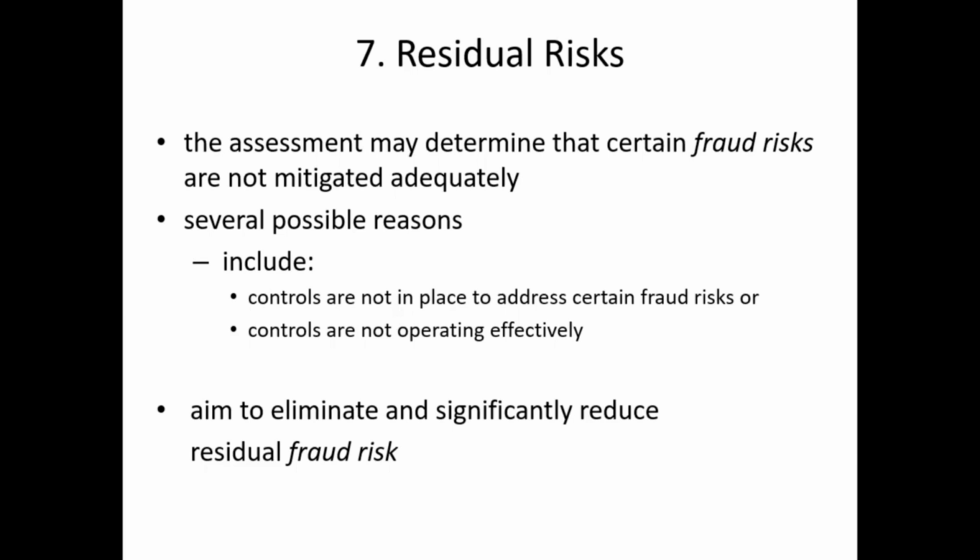You can try and put as many controls in place as possible, but you can't account for the behavior of an individual or a certain group of externals, in the case of external fraud. So really it's looking at how you could potentially eliminate this risk.